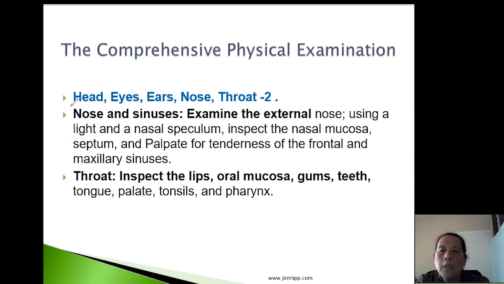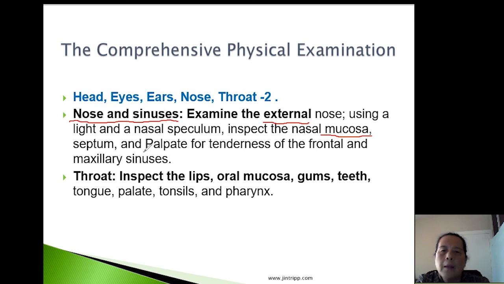Then we move to the nose and the sinuses. We can check the outside of the nose, just use a light to look, and look at the inside mucosa. But it's better with a special kind of scope.